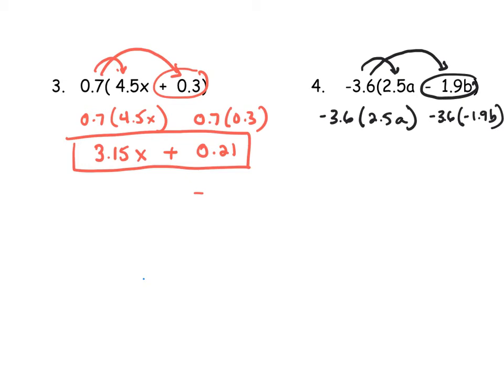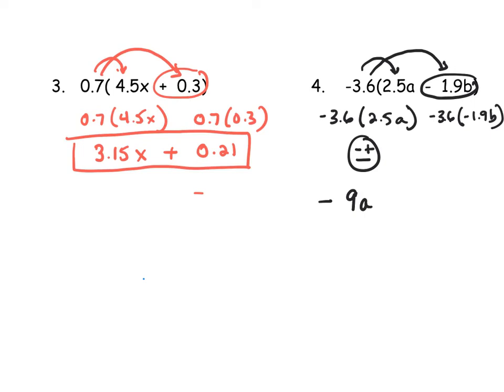So if you've worked with these before, I have a negative 3.6 and I have a positive 2.5. And so this is going to yield a negative number. So pause and use your calculator and tell me what the answer is. If you said negative 9a, you're correct, and that might have been a surprising answer.